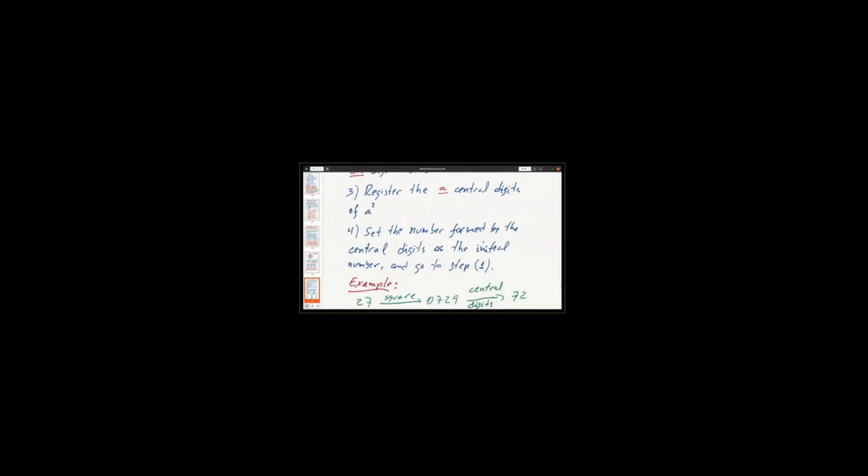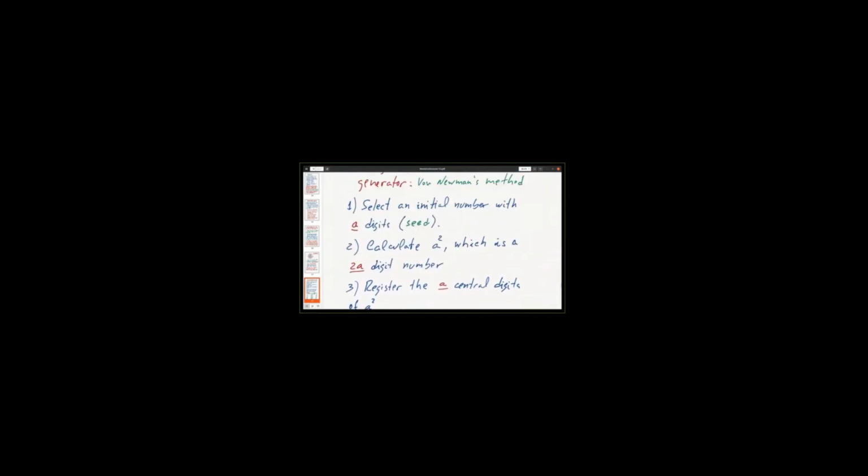I will show you in these 4 steps. You first select an initial number with a number A of digits, and it's called seed. It's the same even today in the modern random number generators. You have to define a seed, and it will produce a series of random numbers.